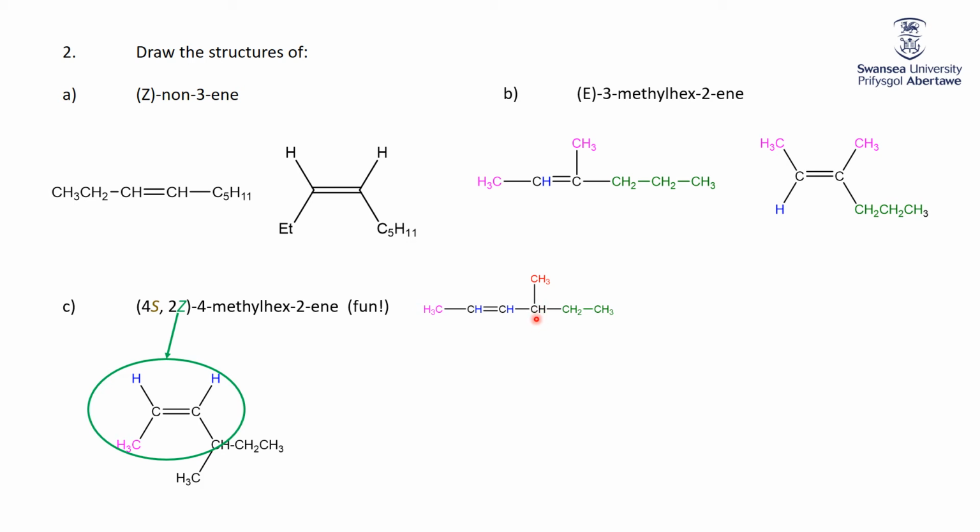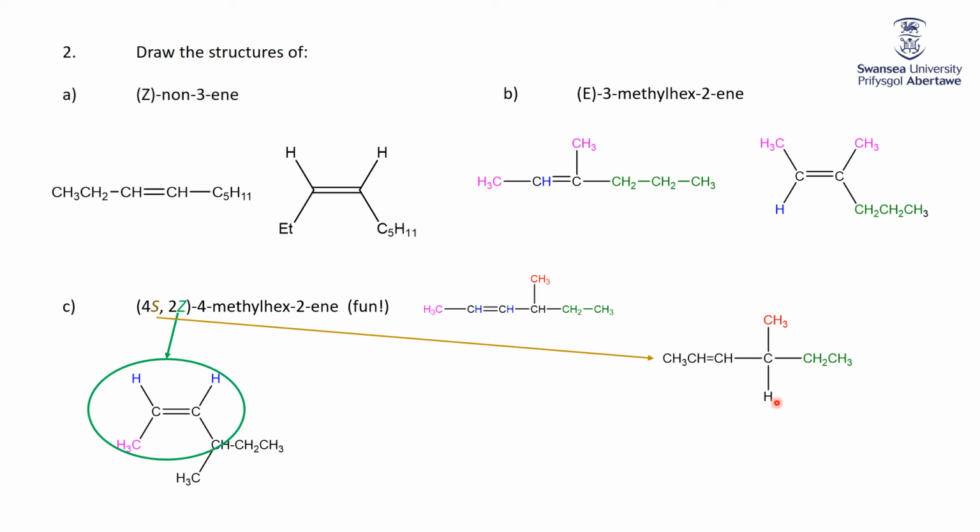Carbon 4, if we look at it here, has got 4 different things attached to it. It's got the methyl group that's in red, it's got a hydrogen that is just in the normal old color, it's got an ethyl group here, and then as far as carbon 4 is concerned, it's got this big messy double bond thing. Carbon 4 doesn't care whether it's an E or a Z. Carbon 4 just cares about the fact you've got this big thingy. So let's assign priorities.